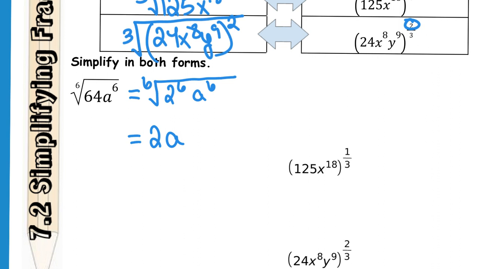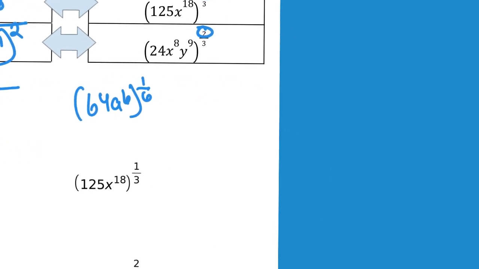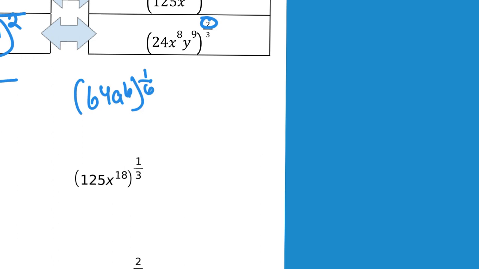Before I go ahead and rewrite it, this would be 64a to the 6th, to the 6th root. That would be us rewriting it. But before I go into this, I need to remind you of a few exponent rules because it's been a while. If you have 2 squared, what does that equal? If you have the square root of 4, what does that equal?